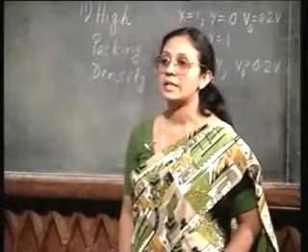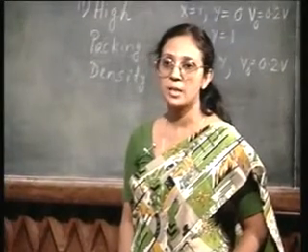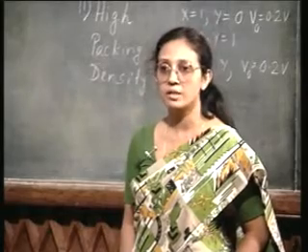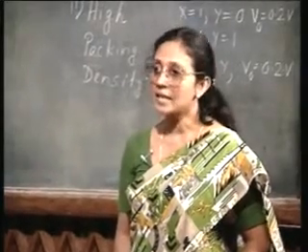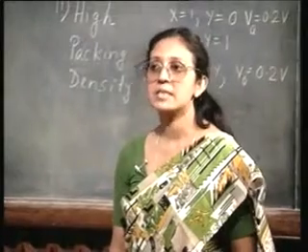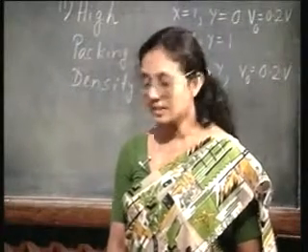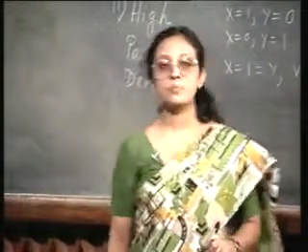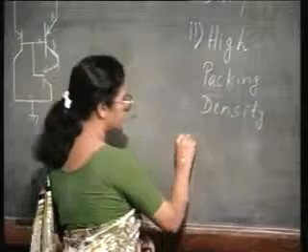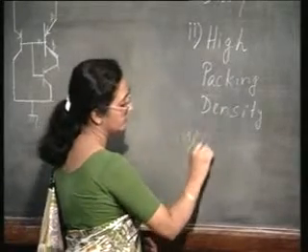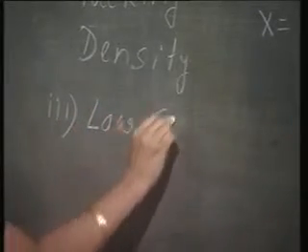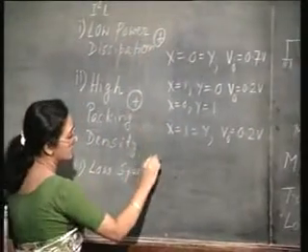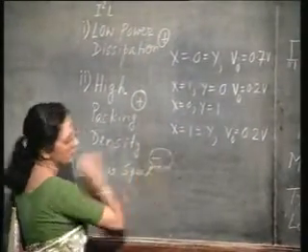In other words, the NPN transistor in this I square L is operating in the inverted mode, and that gives rise to the disadvantage in the I square L circuit, that is, since the NPN transistor is operating in inverted mode, you have low speed. So, while the first two are the positive features, this is the negative feature of the circuit.